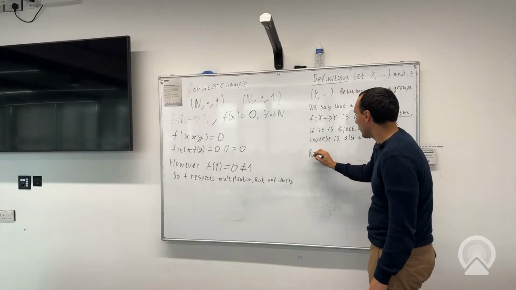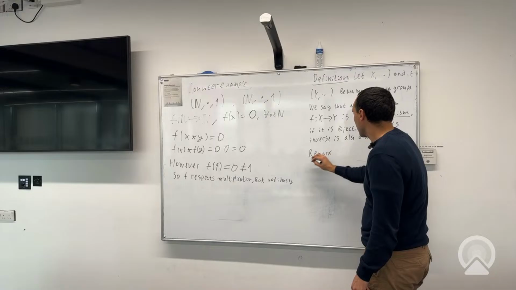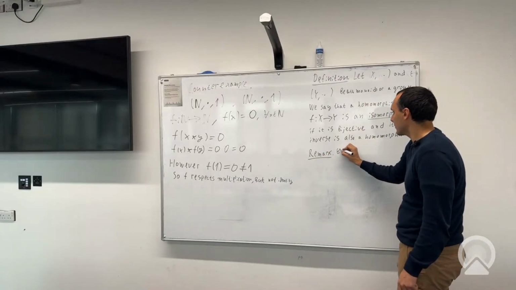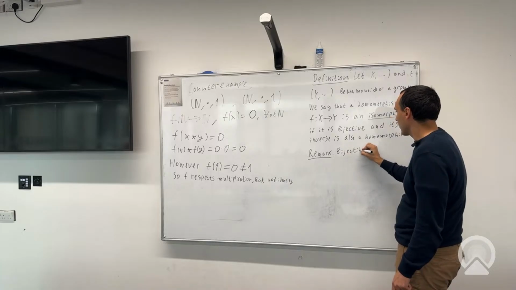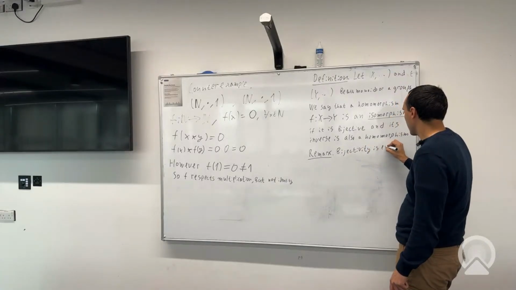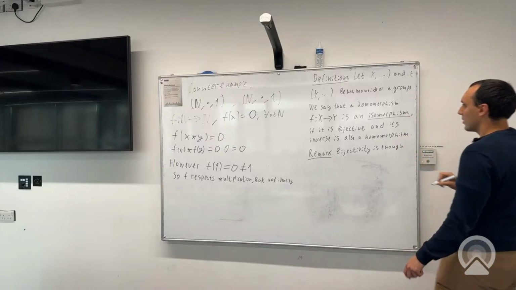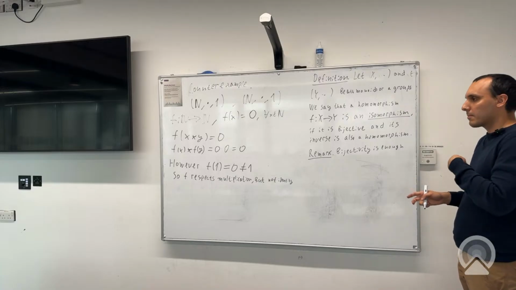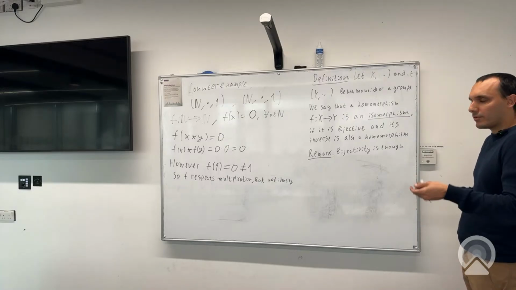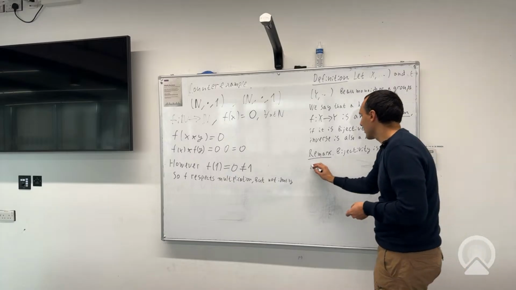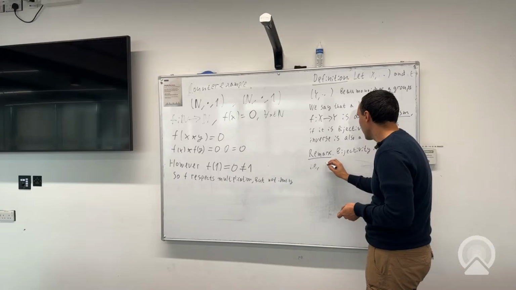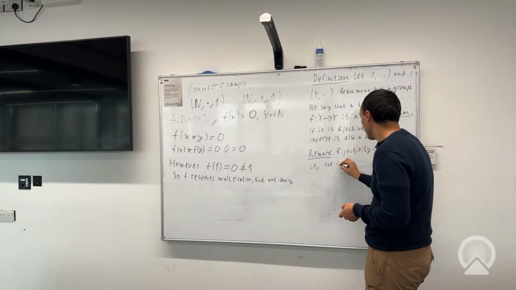So now just a remark here. Bijectivity is enough. If it's bijective, its inverse is a homomorphism for free. So if it's bijective, the inverse is automatically one.